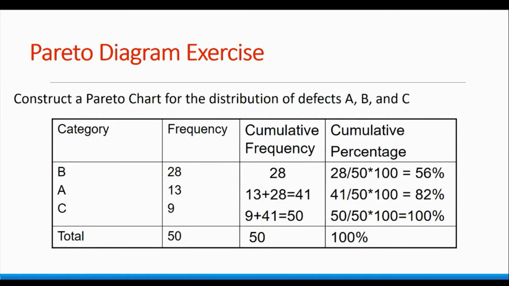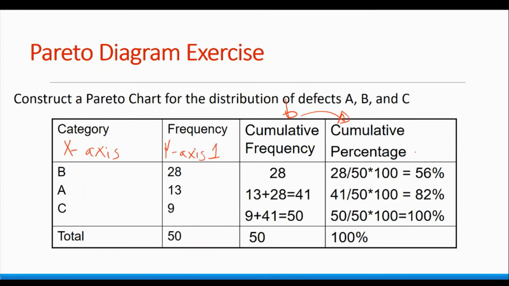Okay, and it's important to notice that the cumulative frequency column we calculated so that we can calculate the cumulative percentage, which is one of the y-axes for the Pareto chart. The Pareto chart category is your x-axis. Okay, frequency is one of our y-axes. I'm going to call this y-axis 1.